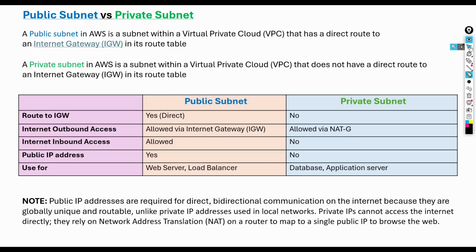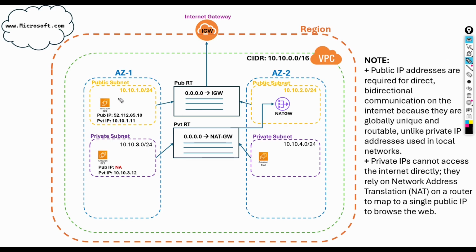With the help of the diagram, let me explain internet outbound and inbound. To understand the outbound and inbound direction, let me give you an example, and first we will talk about the public subnet. Whenever we create any machine inside the public subnet, it will get assigned a public IP address.